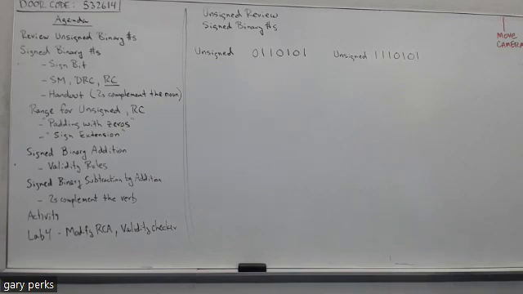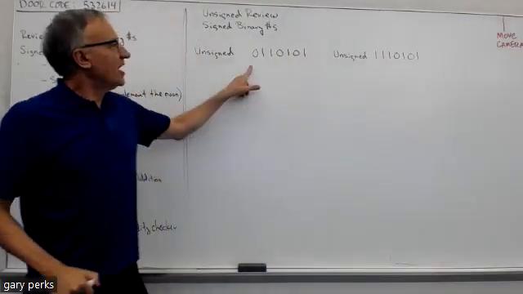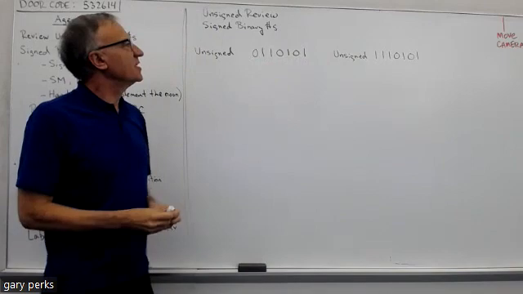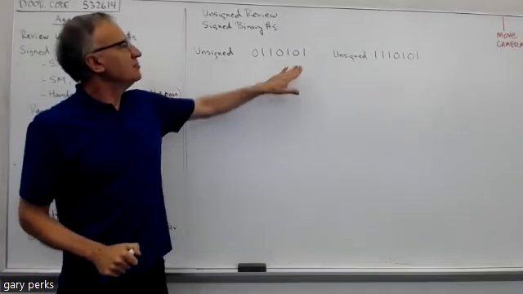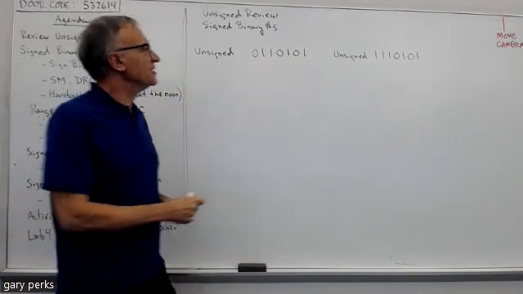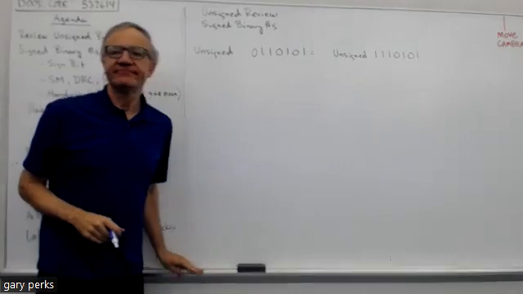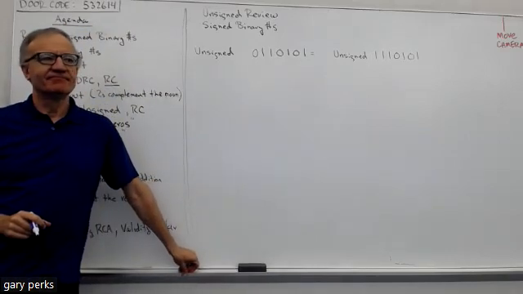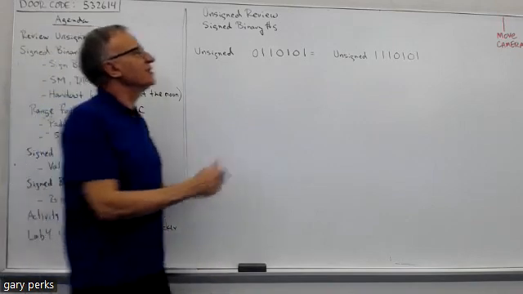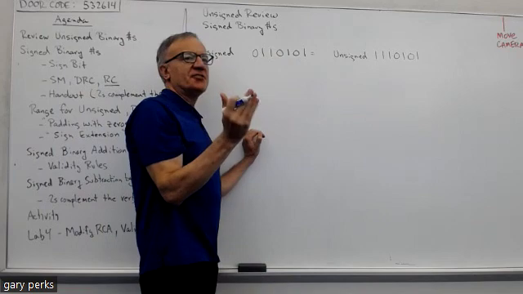Just as a quick review, if I have these bits and it's a binary number like we've been doing, what is the value of this in base 10? Remember, with an unsigned binary number, every bit has numerical value.